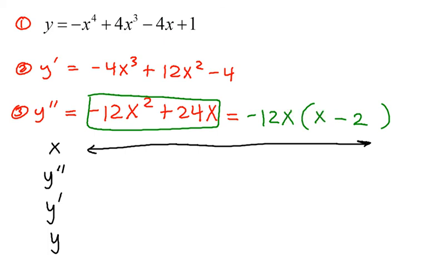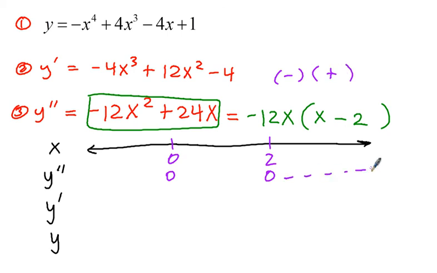So I should mark those special numbers on my number line, and we'll expect y double prime to be 0 there. If you plug in a number higher than 2, you're going to get negative and positive, so the product is negative.